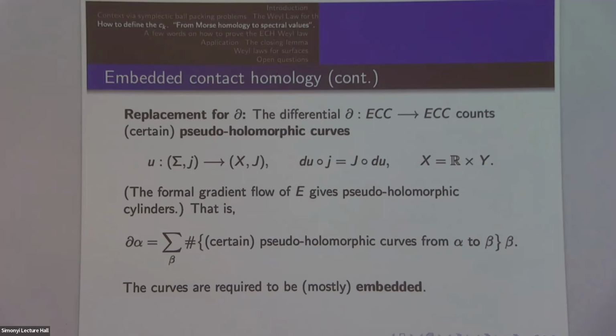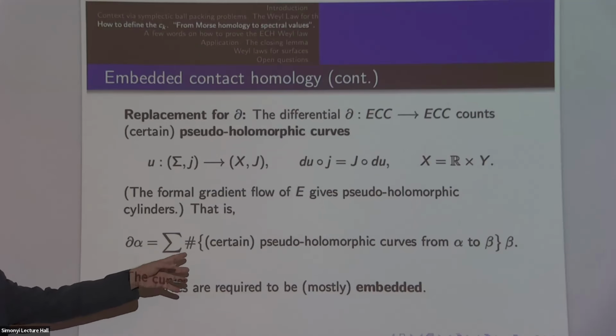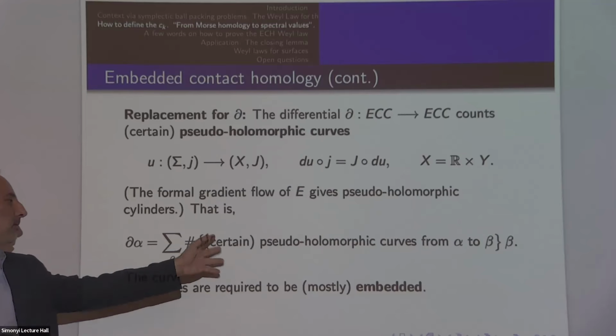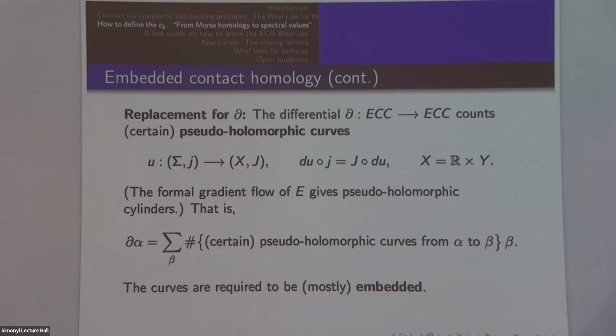At least we can say something now about why this is called embedded contact homology, and also give you some sense of why we're using dimension 3 rather than something else. So we want to make some requirement on these curves. In order to even do this count, we want them to lie in some zero-dimensional space when I quotient out by the appropriate relations, but there's something more subtle that we want. Namely, we want to say that they're embedded curves.